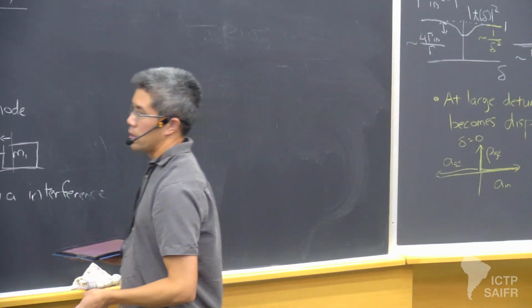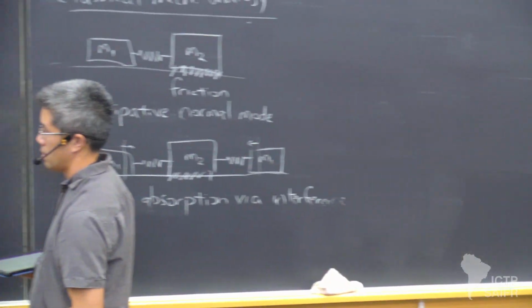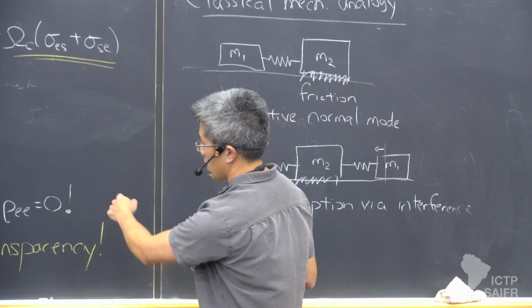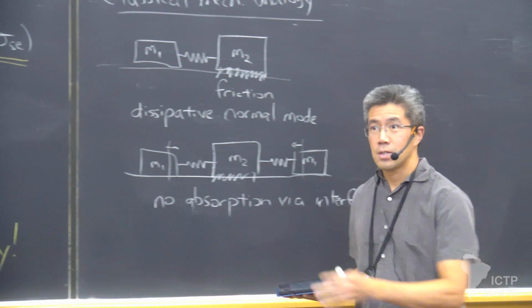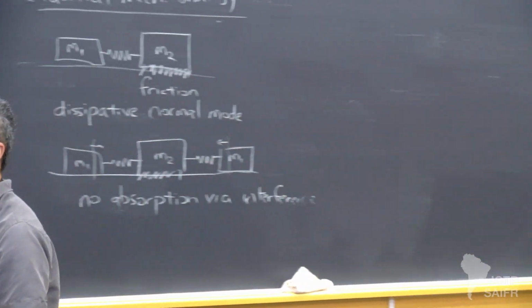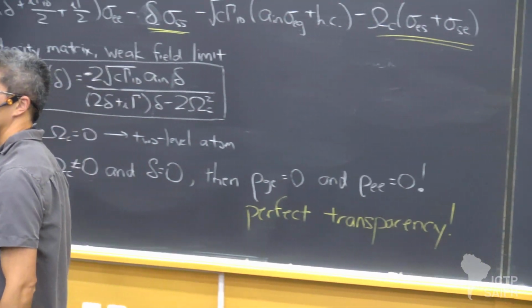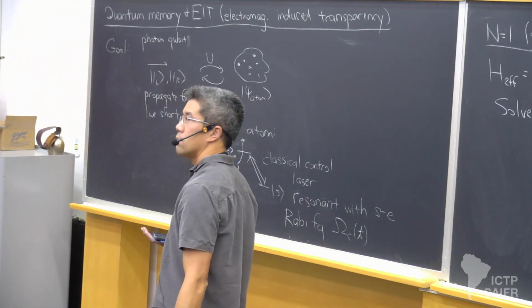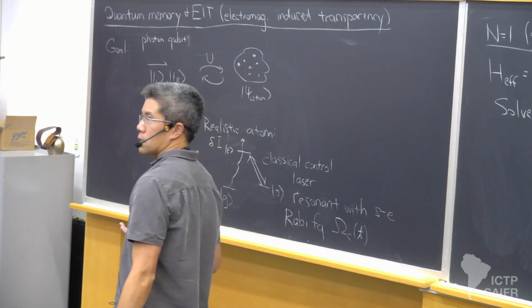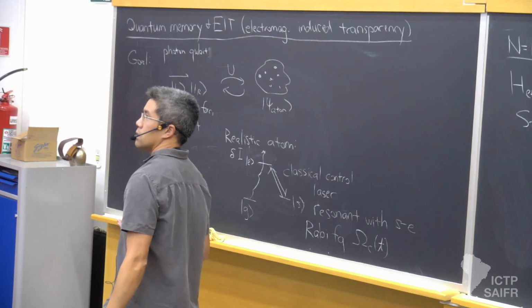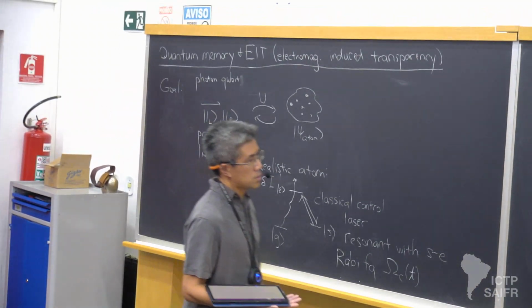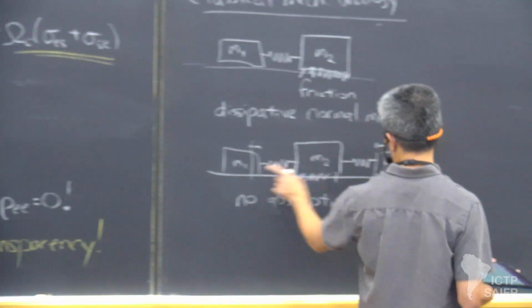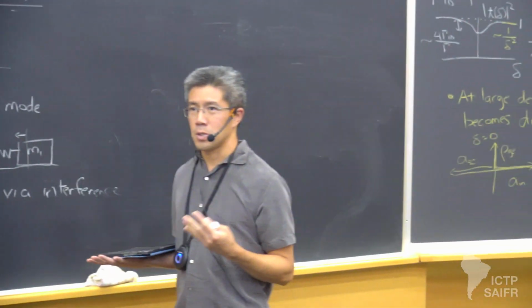All right, so one kind of interesting consequence of this. It's kind of like here: if these two masses are identical, then it's easy to see what the normal mode is.